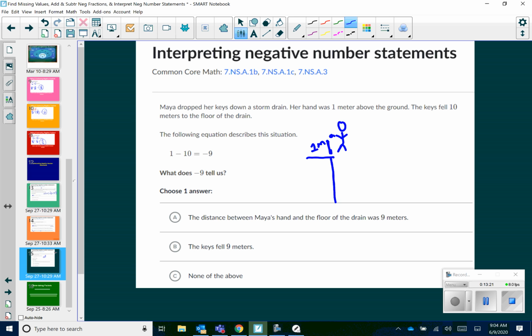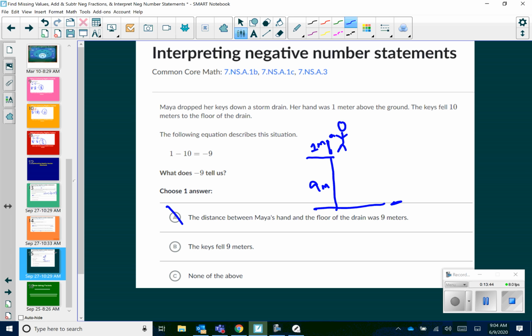Okay, and then it's going to fall another 9 meters down, or sorry, it's going to fall a total of 10 meters. So 1 meter from up top here and then another 9 here, which means that the negative 9 is where the floor is. So answer choice A says the distance between Maya's hand and the floor of the drain was 10 meters.